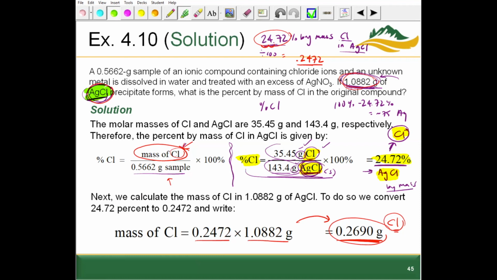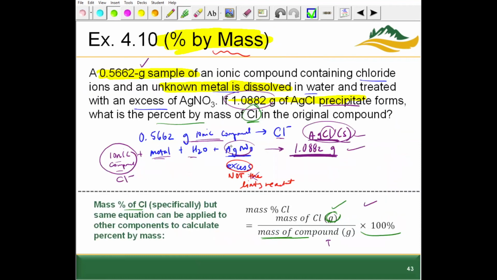This was also based on this notion that silver nitrate, we were told, was added in excess. So this ionic compound, or unknown, was essentially our limiting reactant. So all of this would run out first before any of this did, meaning that all of the Cl here had to come from this original ionic compound running out. So all the Cl went into forming this.